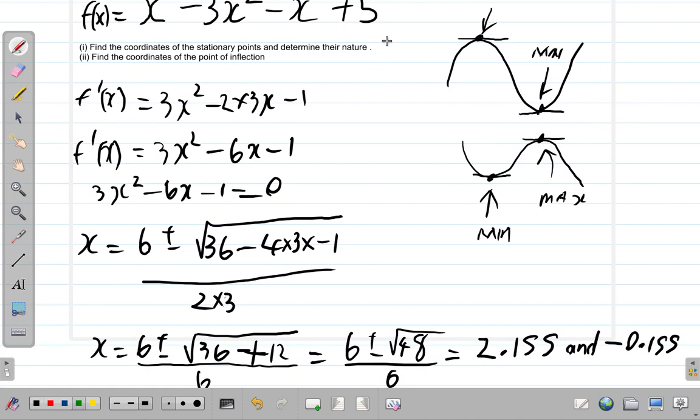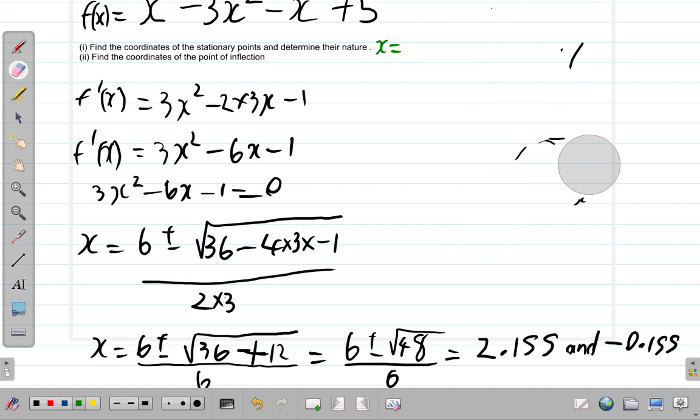It's located at x equals 2.155 and x equals negative 0.155. Those are the locations.